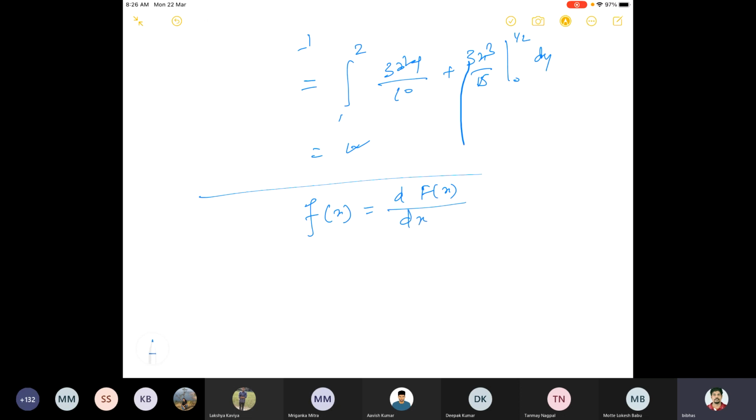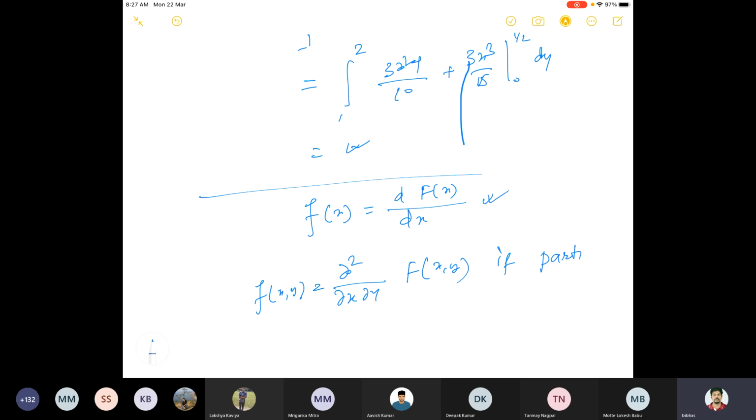Now here we have a different kind of situation. We have this f of x y. The question is, can we find it in terms of this? We'll assume that the partial derivative exists. There is a catch here: if the partial derivative exists.